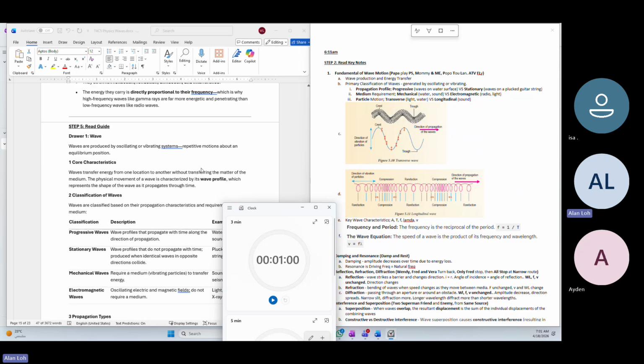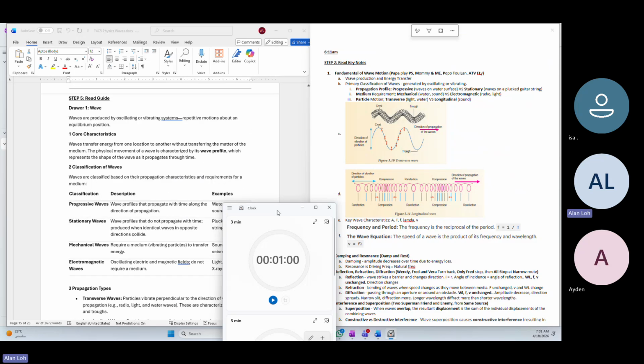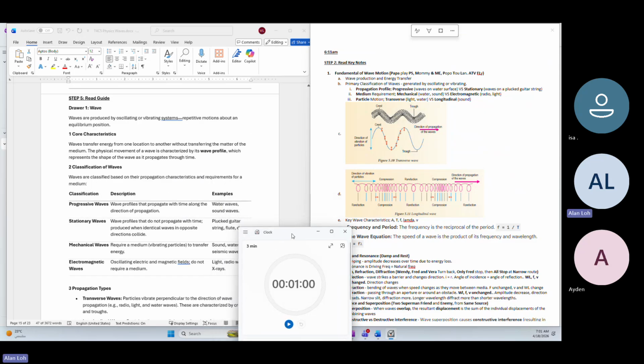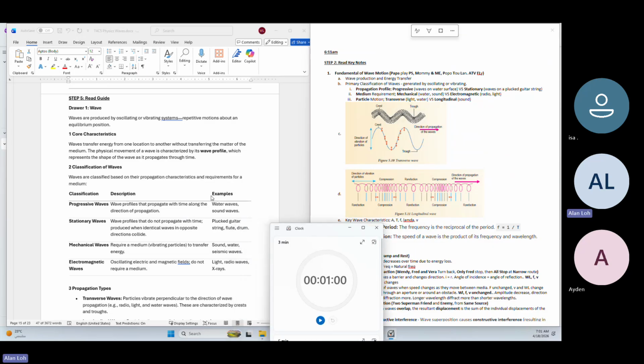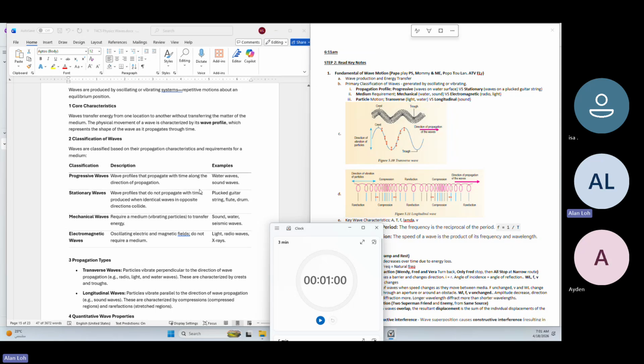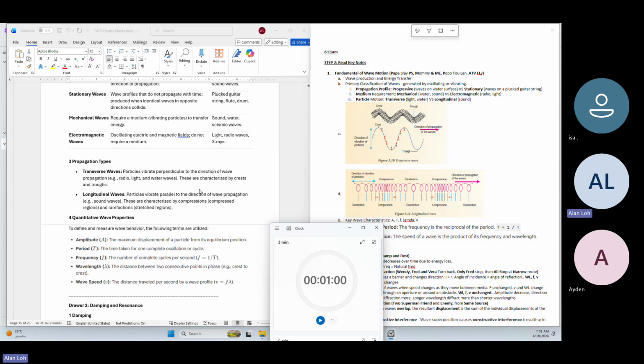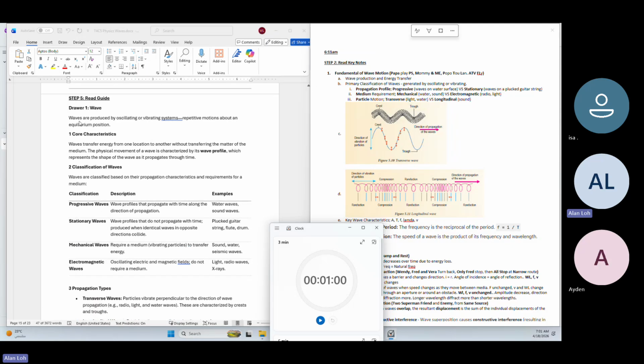Now let's continue to move on to step 5, with the objective to move your understanding from 4, if it is 4 now, to 5, to improve it. So let's see how long this is. Okay, we can divide it into 2 parts, from drawer 1 until this table. Let's do it now.